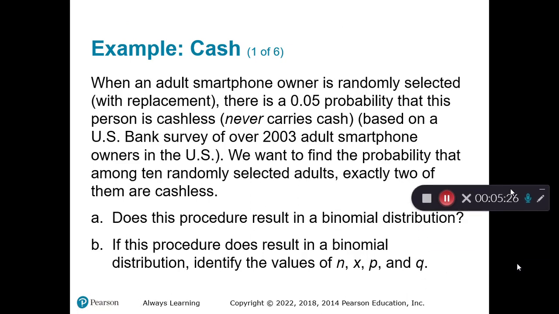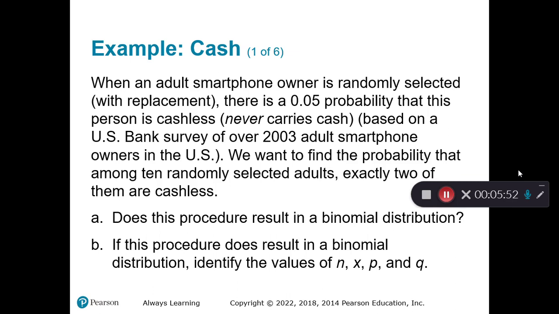Let's look at this example. Let's suppose that we know that if we were to randomly select an adult from a very large population, the probability that that adult is cashless, meaning the person is not carrying cash on their person, is 0.05.